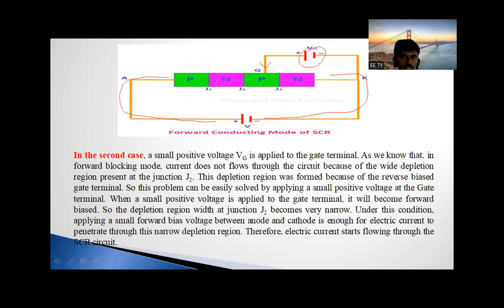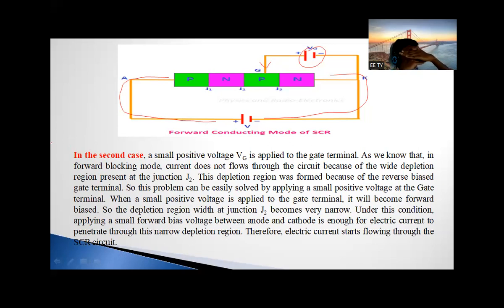Because of the wide depletion region, the junction J2 is reverse biased. So there is a depletion layer. To flow the current from anode to cathode, this depletion layer should be finished. By injecting current carriers into the inner P layer, what will happen?